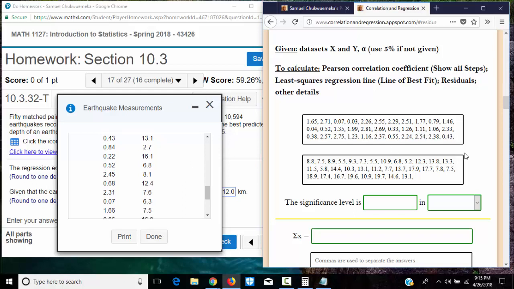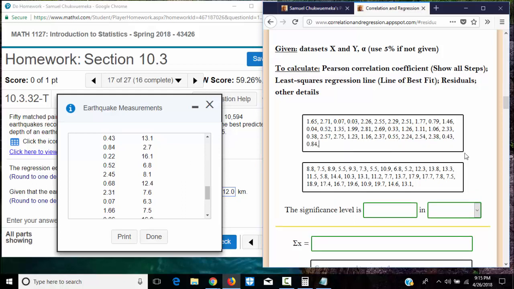Then here we have 0.84, 0.22, 0.52, 2.45, 0.68, 2.31, 0.07, 1.66.